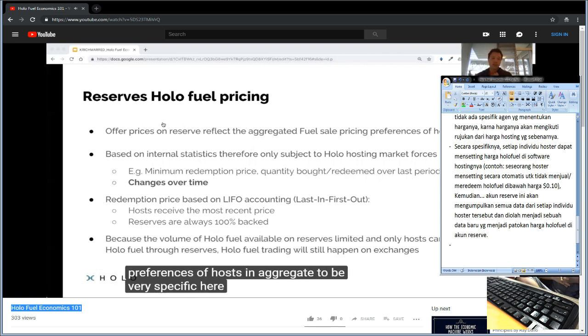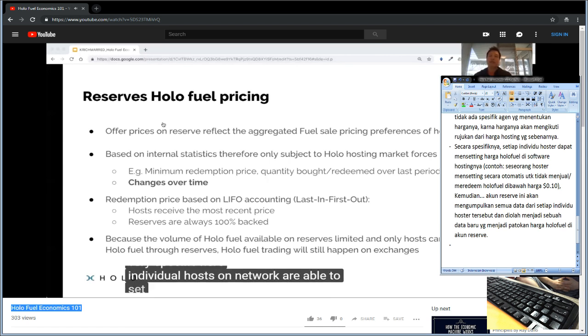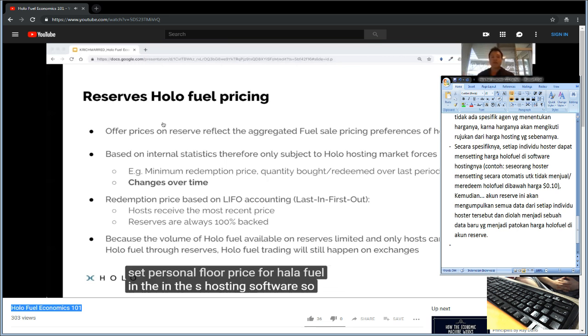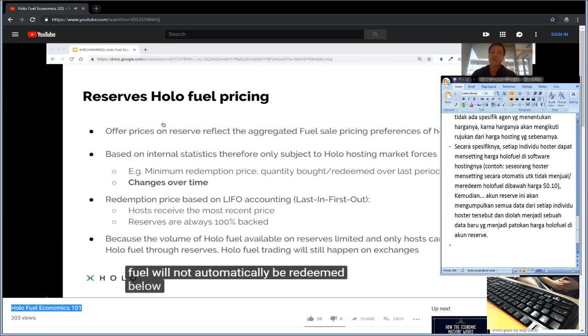To be very specific here, individual hosts on the network are able to set a personal floor price for Holo Fuel in their hosting software. So for example, a host can set it so that Holo Fuel will not automatically be redeemed below, let's say, 10 cents per unit.